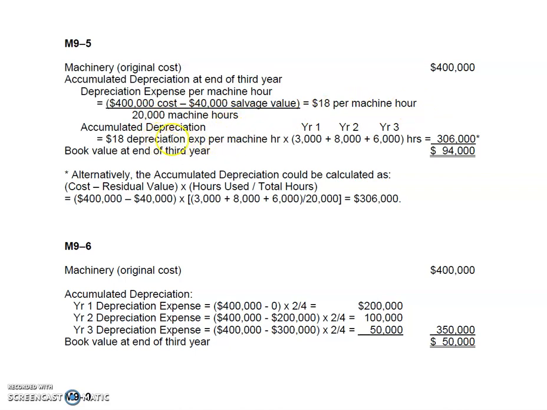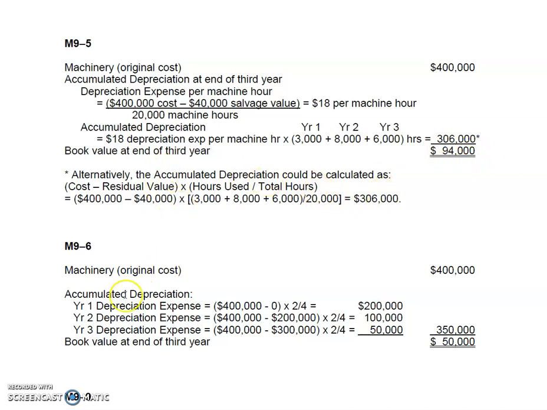And then the use, 3,000 hours in year 1, 8,000 in year 2, 6,000 in year 3. So that would give us $306,000 of accumulated depreciation. So net book value would be $94,000.